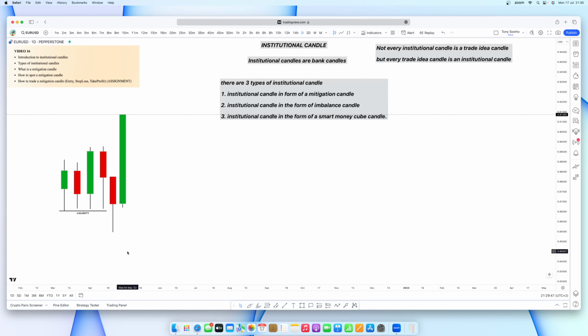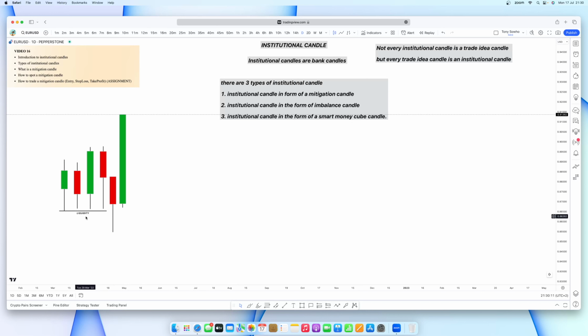A mitigation candle is a candle that goes below the support. Are you seeing it now? This area here, to some people, is a strong support area. We as smart money traders don't see this as support, we see this as liquidity. This is not how we are going to identify our own support.